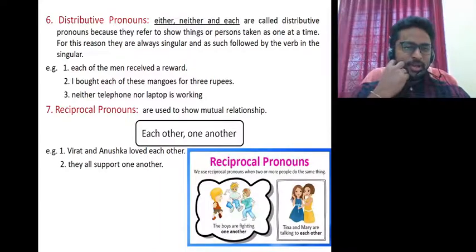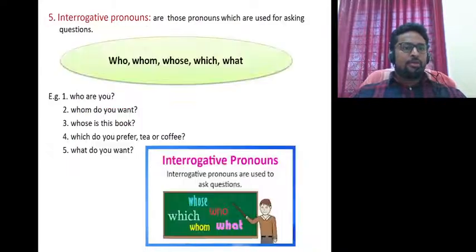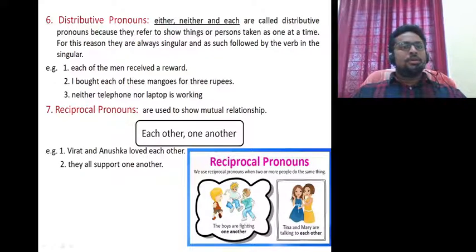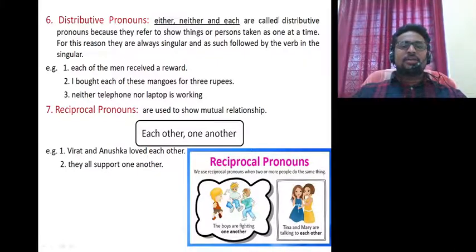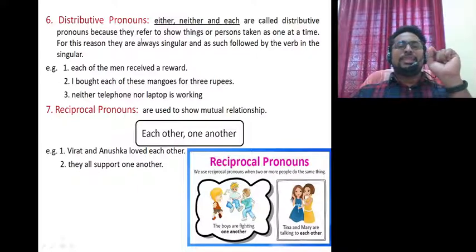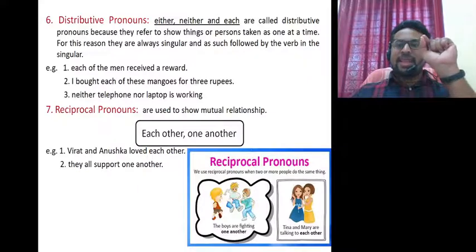Let's go for the distributive pronoun. Distributive pronoun, its name itself conveys the meaning of distributive. Distributive means distributing something to someone. Either, neither, and each are called the distributive pronouns because they are used to show things or persons taken one at a time.